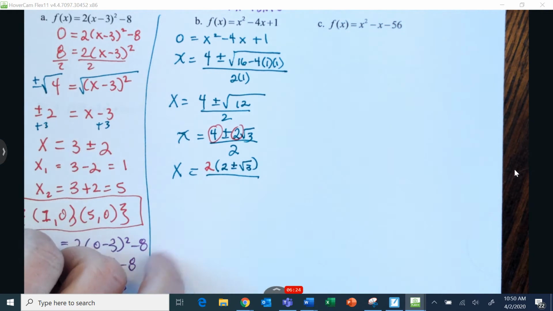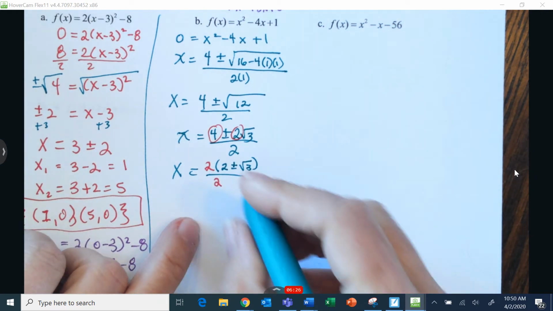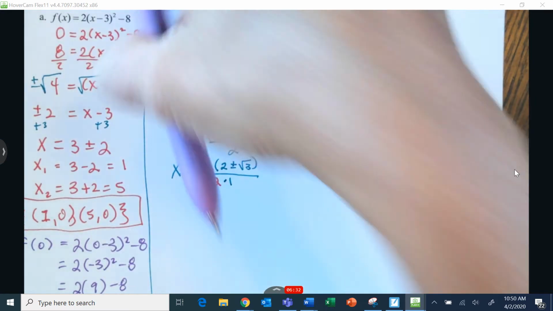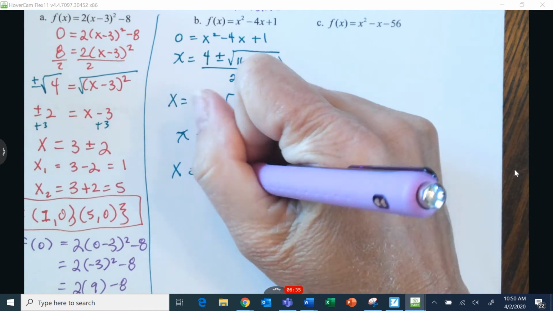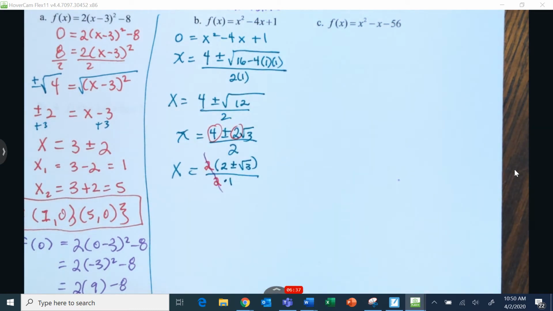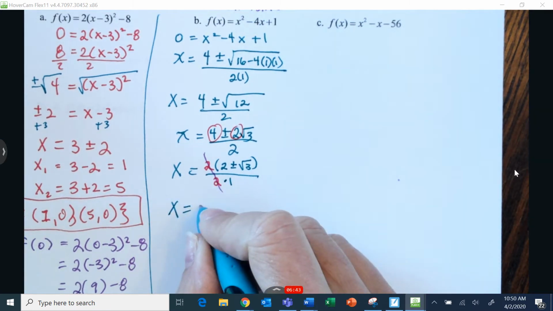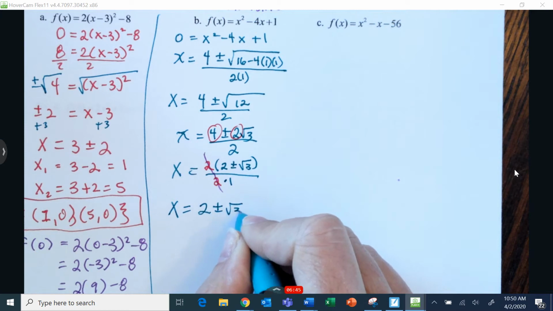On the bottom, I'm also going to factor out a 2, and then I just have times 1 left over. If you factor them, you may cancel them. If you do not do the factoring step, you cannot cancel. So I get x equals 2 plus or minus square root 3.